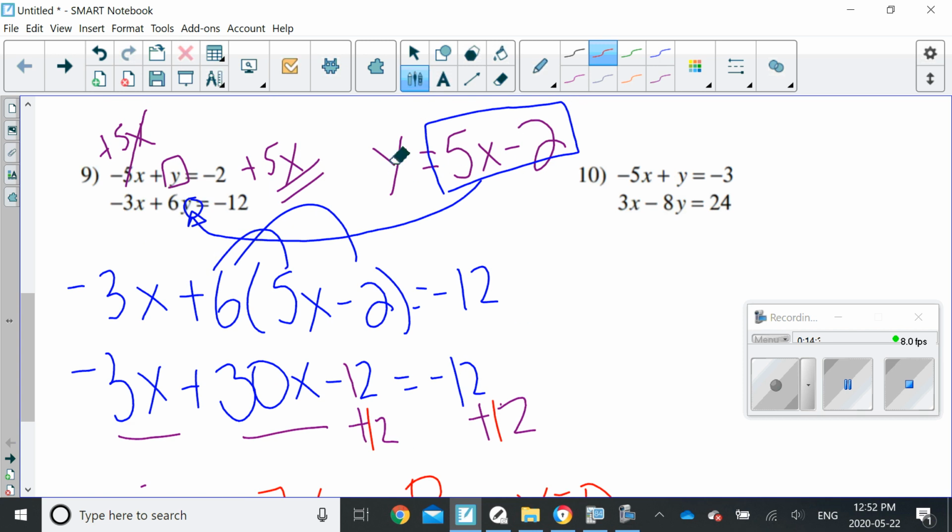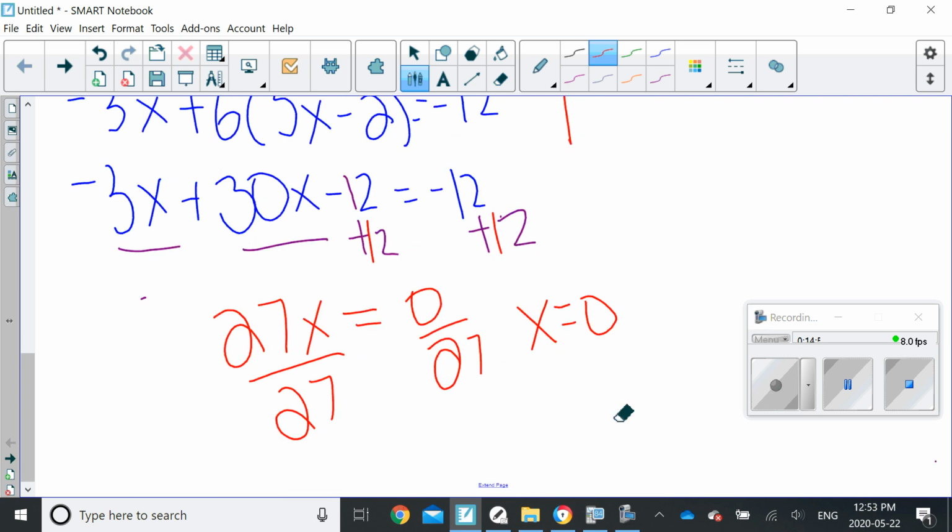I'm going to plug that into this equation here because I've isolated for y. So y is equal to 5 times 0 minus 2. Anything times 0 is 0. So y is equal to negative 2. And my answer, written as an ordered pair, would be 0, comma negative 2.